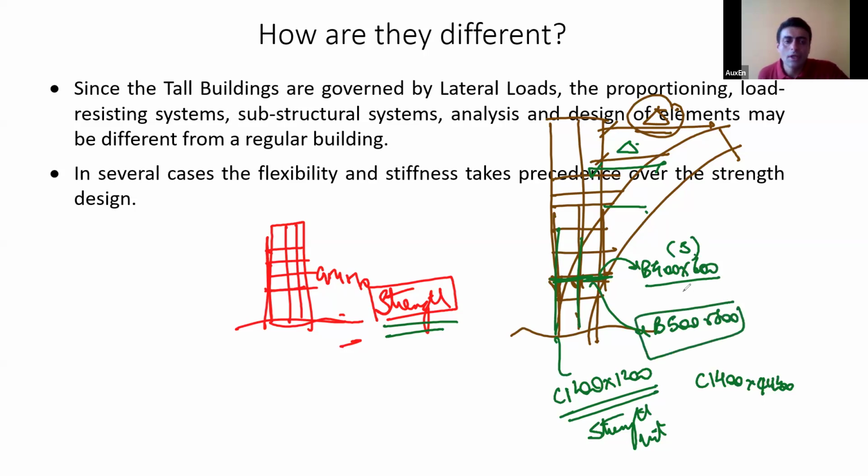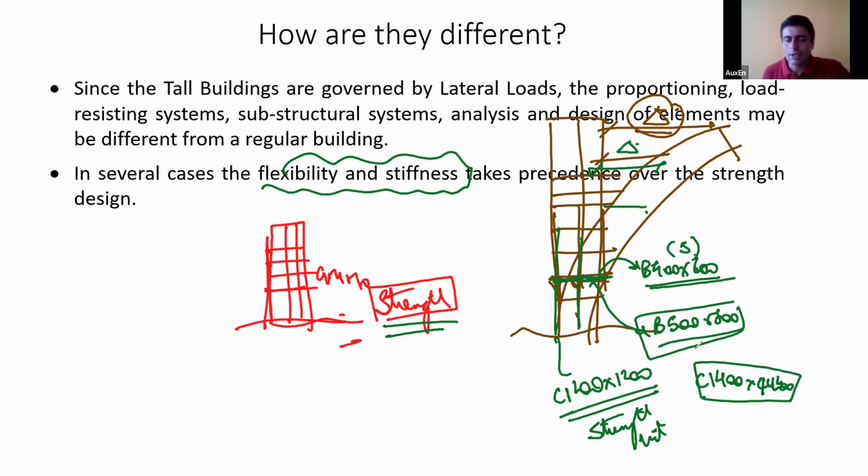Are you getting this point? So that's what I mean when I say that flexibility and stiffness may take precedence over the strength design. When I'm providing a 500 by 800 beam size, or a column size of 1400 by 1400, it's not governed by strength, but by stiffness criteria.